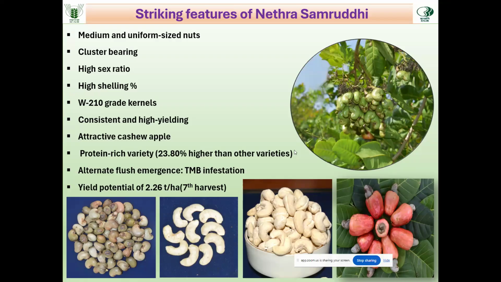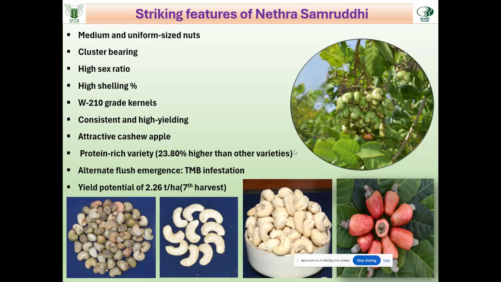Most of the TMB infestation happens during the flushing and flowering season. If the plant is affected by TMB during flushing and flowering season, it directly impacts its yield. When the TMB infests, the infested part dries and cannot proliferate or produce any vegetative or flowering buds. Thereby, we are decreasing our yield.